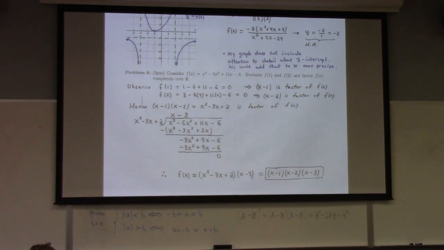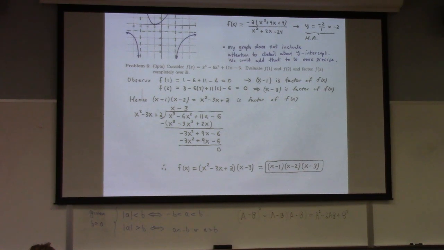Now, problem 6 has an important idea in it, which was the factor theorem. If we evaluate the polynomial at 1 and we get 0, that means x minus 1 is a factor. If we evaluate the polynomial at 2 and get 0, that means x minus 2 is a factor, right? So I can multiply those out, and I get x squared minus 3x plus 2 is a factor.